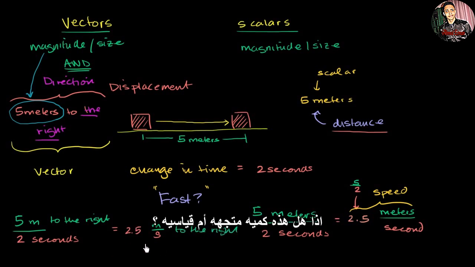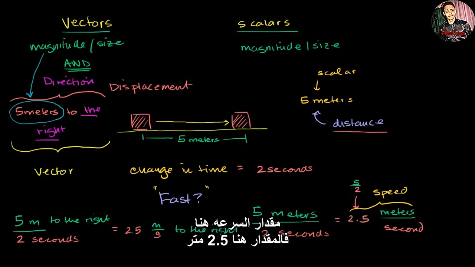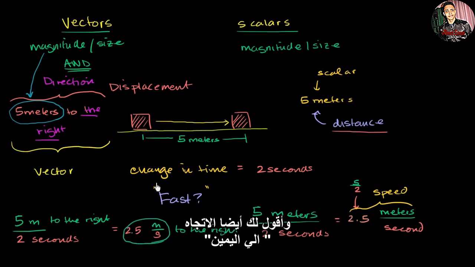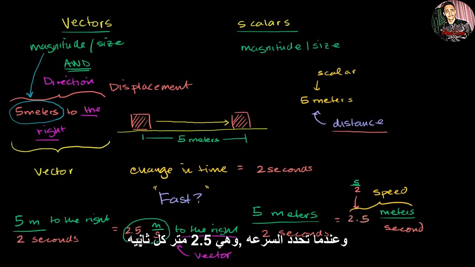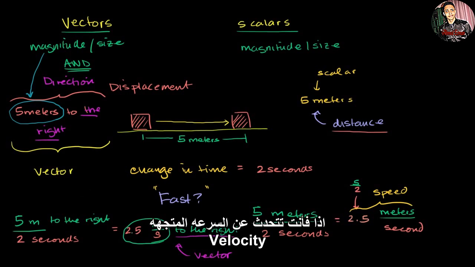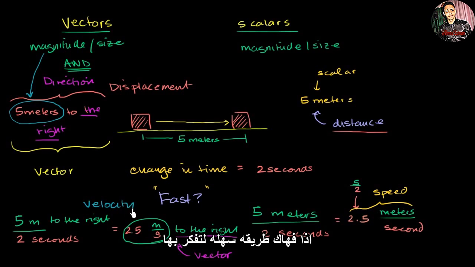So is this a vector or a scalar quantity? I'm telling you the magnitude of the speed, that's the 2.5 meters per second, and I'm also telling you the direction, to the right. So this is a vector quantity. When you specify both the speed and the direction, you are talking about velocity.